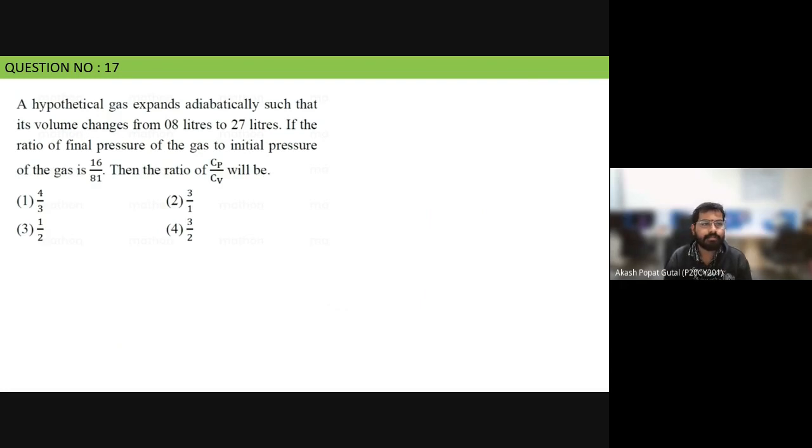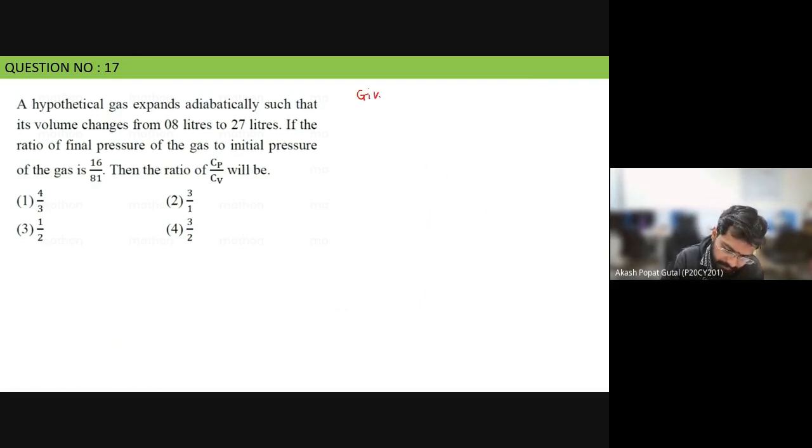Next question. A hypothetical gas expands adiabatically such that its volume changes from 0.8 liters to 27 liters. If the ratio of final pressure of the gas to initial pressure of the gas is 16 by 81, then the ratio of Cp by Cv will be. This is also a simple question.